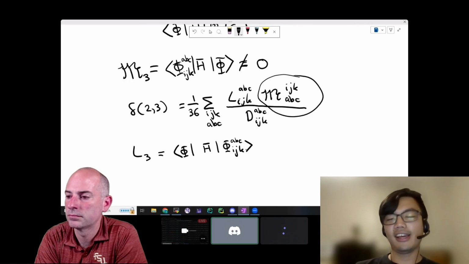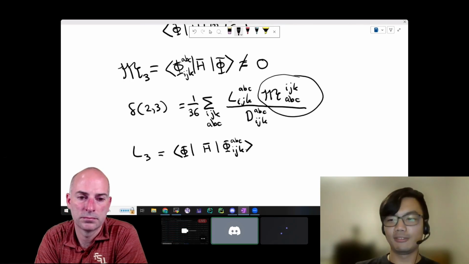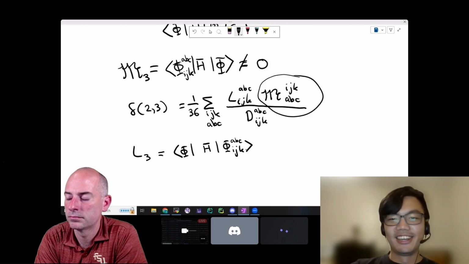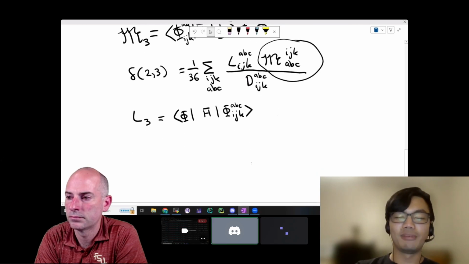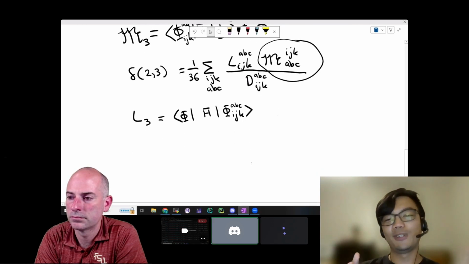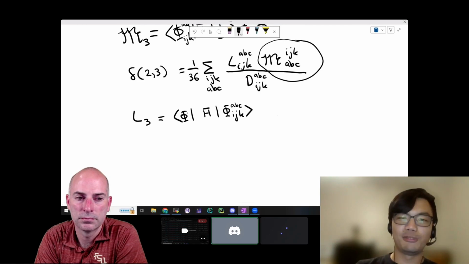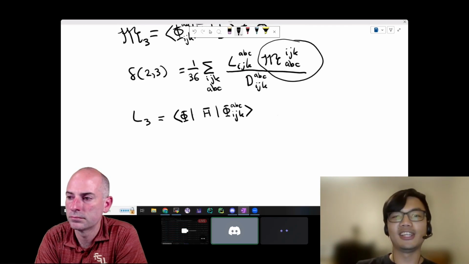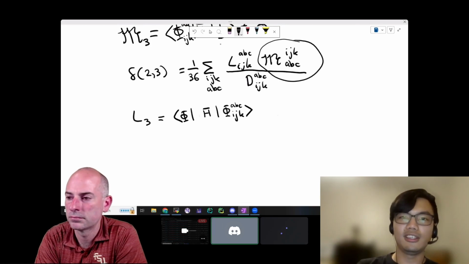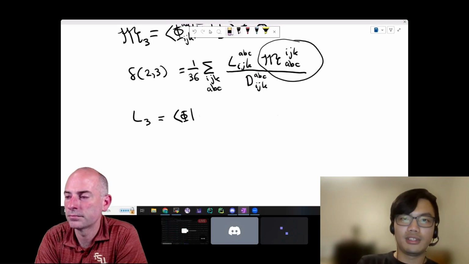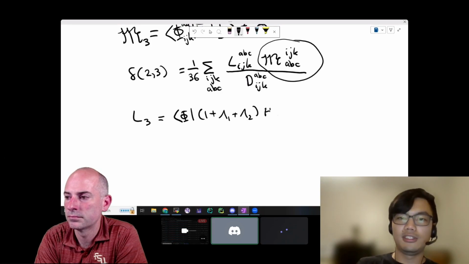That is probably your first instinct. But there's that thing we said before, where H bar is not Hermitian, right? So this is not something you want to do. Actually, what you want to do is this: 1 plus lambda 1 plus lambda 2, times H bar.